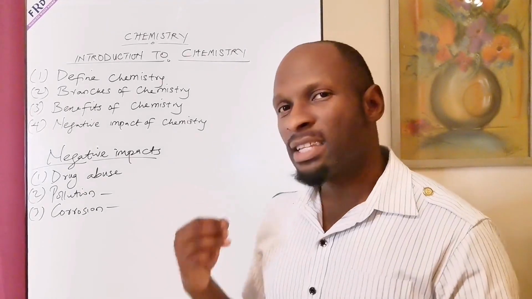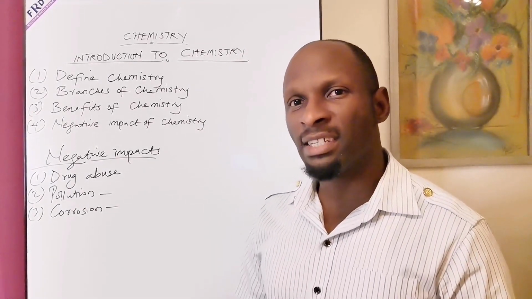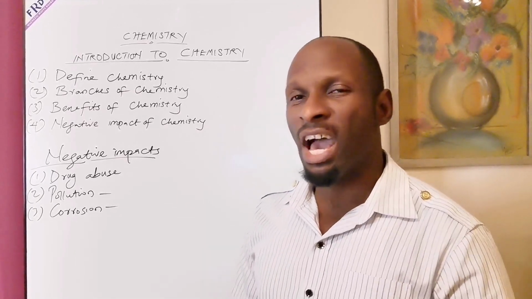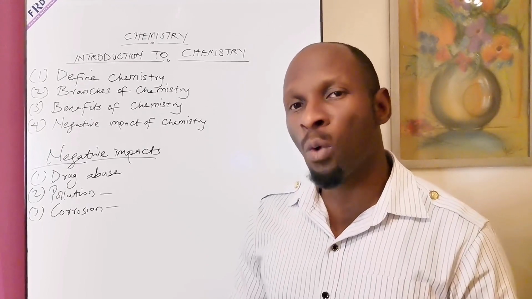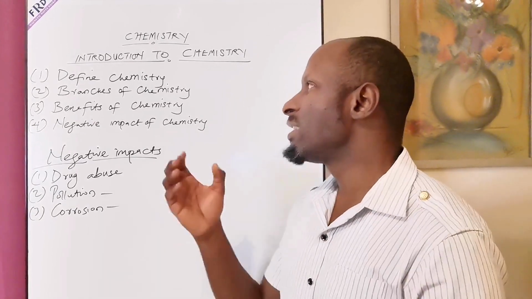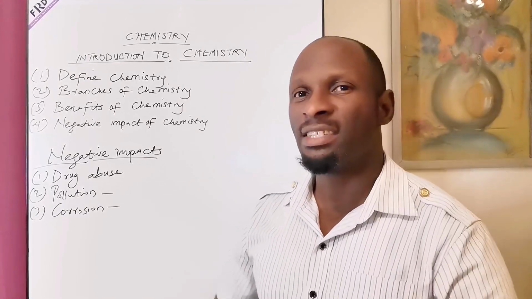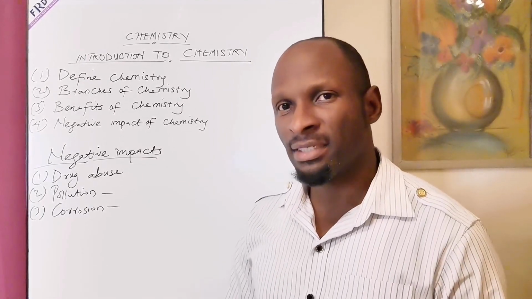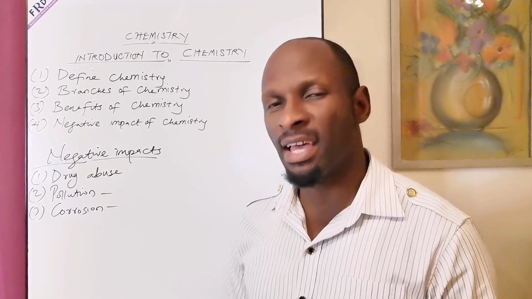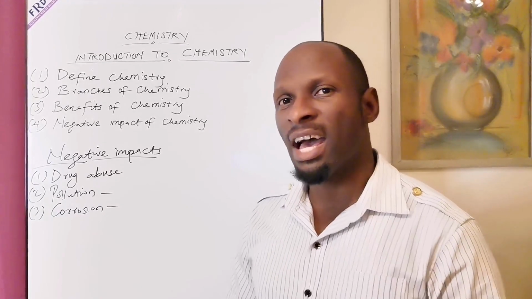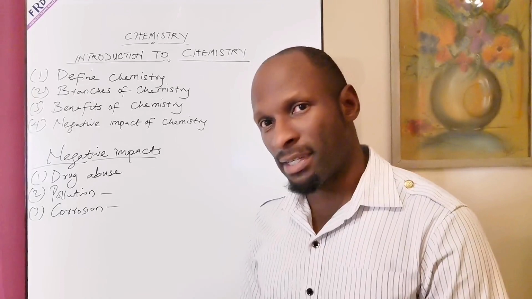So, in this lesson, like I said before, we start with highlighting the learning objectives, and we end the lesson by stating a summary of what has been covered. In this lesson, we've looked at the definition of chemistry, where we said that it is the study of matter, that is, the composition, the properties, and the uses of matter, as well as the changes that are associated or connected towards that matter.